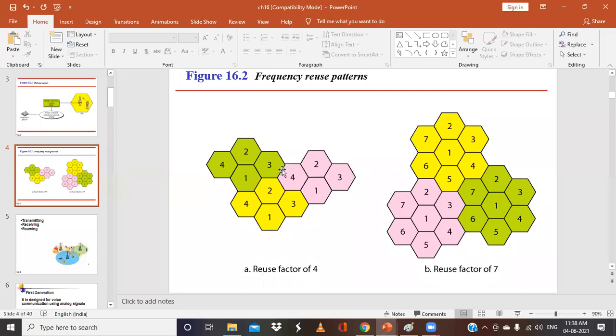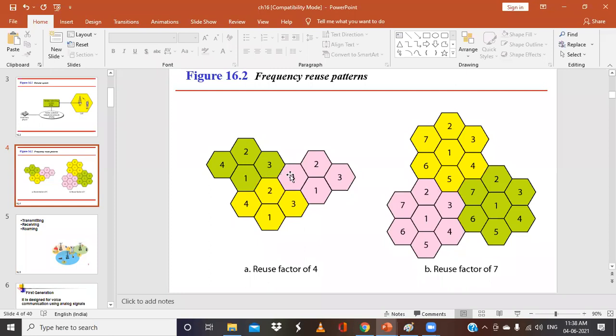The nearby cells should not have the same frequency: here it is 3, it is 4, here it is 4, it is 2, here it is 1, it is 3, here it is 1, it is 2. The neighbors cannot have the same frequencies, because otherwise there can be interference or a collision of these signals. This is the frequency reuse principle or pattern.